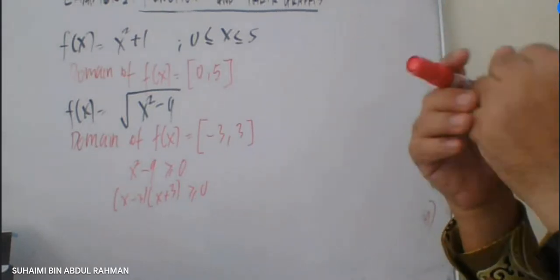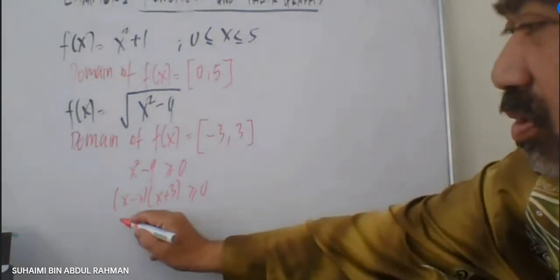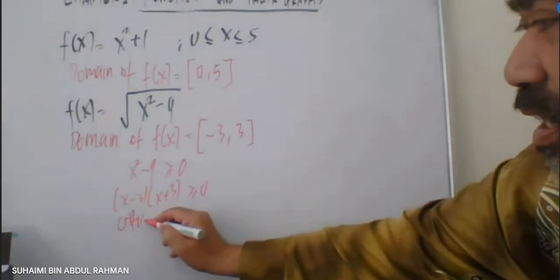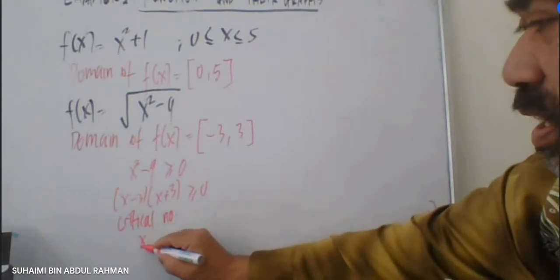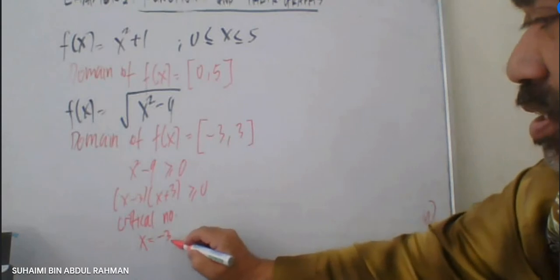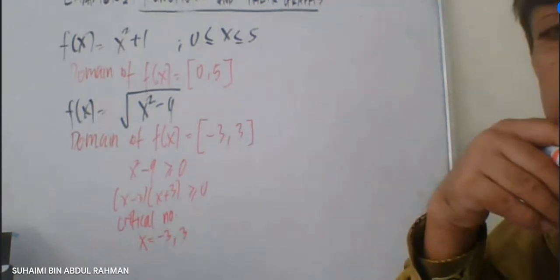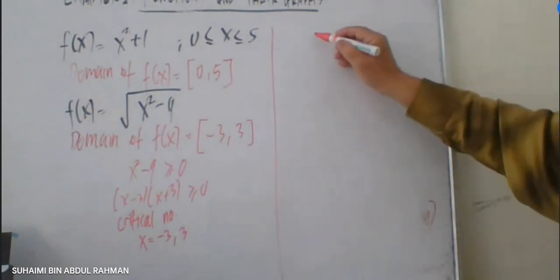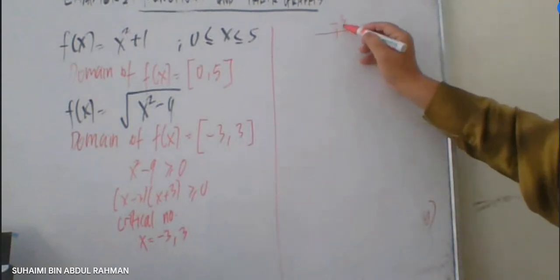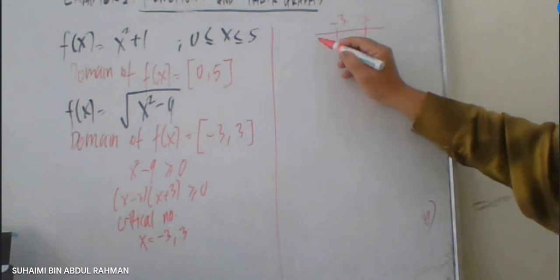Critical number. We search for the critical numbers, which are x is minus 3 and x is 3.